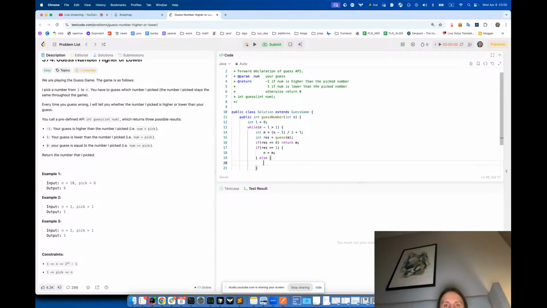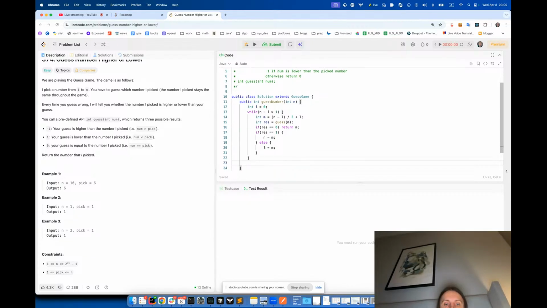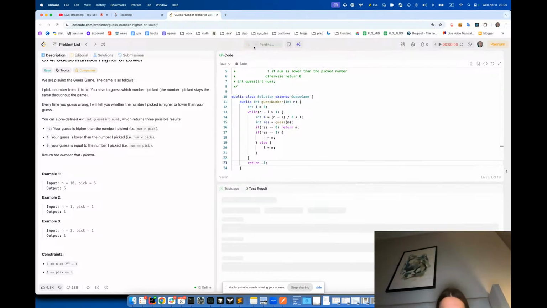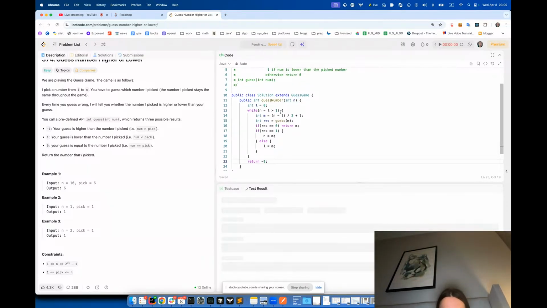Else we move our l to m. Here we return -1. Let's run. Okay, 10 and 6, so let's check.